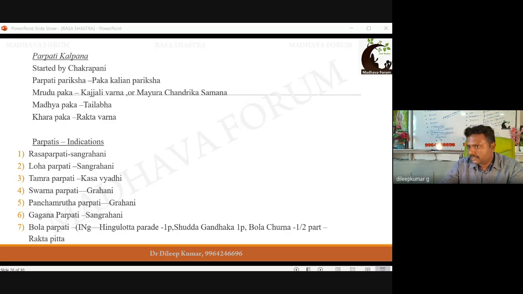After 1 year of harvesting and before 2 years of harvesting, we can use Shali. Purana means 1 year old Shali. Navadhanya will aggravate Kapha dosha in the body, whereas Purana Shali won't aggravate any disease easily.